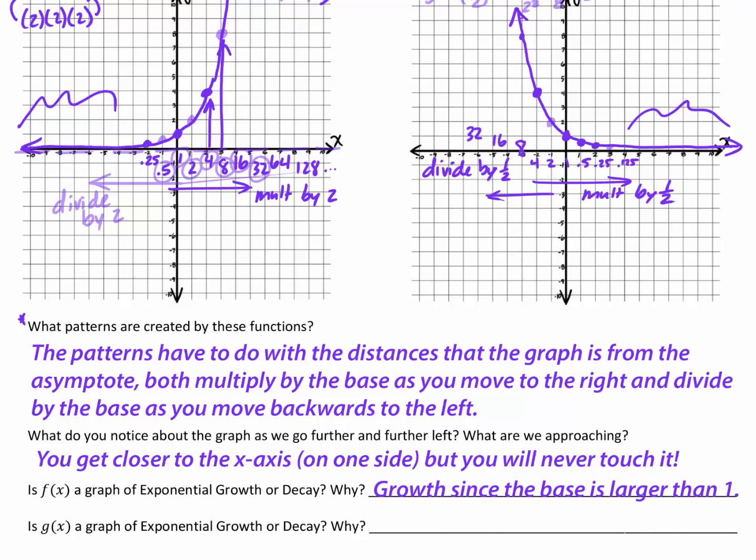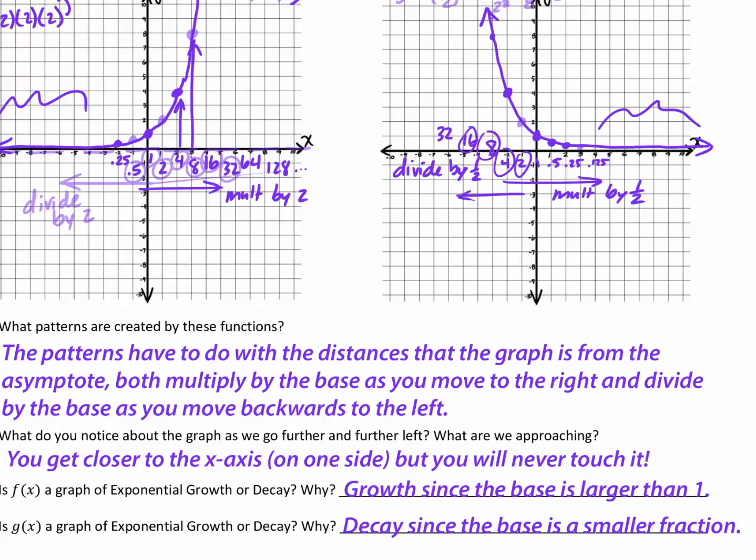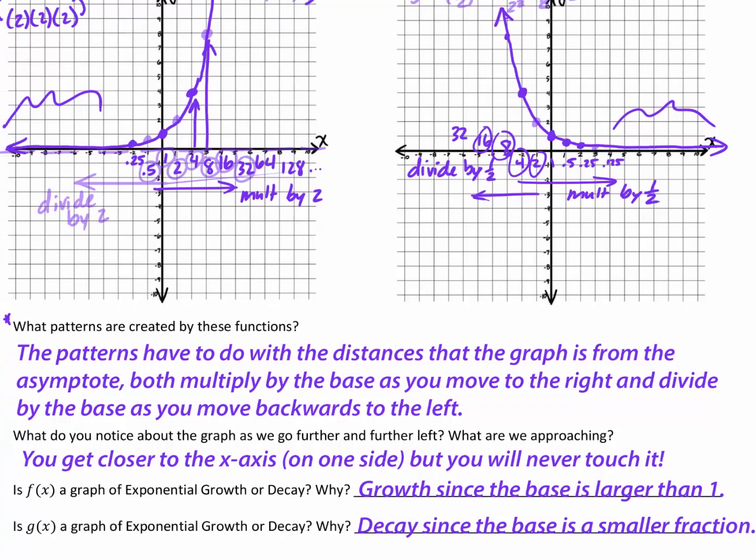The second graph, called g of x over here, is a graph of decay because your distances are decreasing. They're getting cut in half from 16 to 8, from 8 to 4, from 4 to 2. That is a decay graph because the base is a smaller fraction than 1. You always have to compare this to 1.